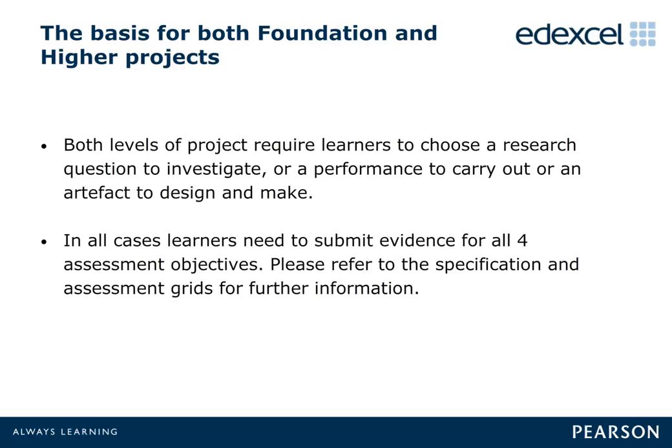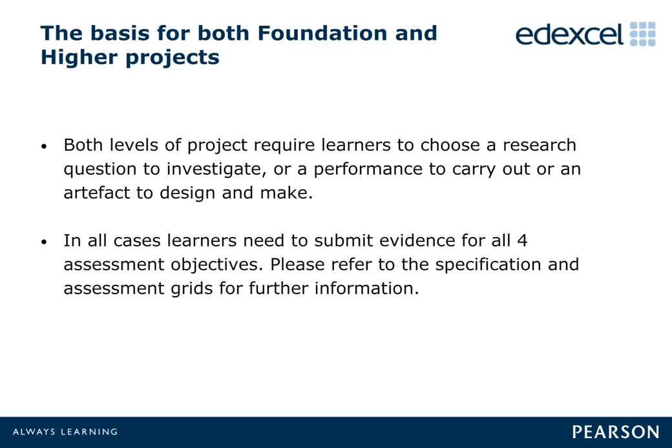This slide sets out the basis for a Level 1 and Level 2 project. It is important to note that for both levels, learners have a choice of outcome. A project can be a written report, a dissertation, that addresses a research question of the learner's choice.